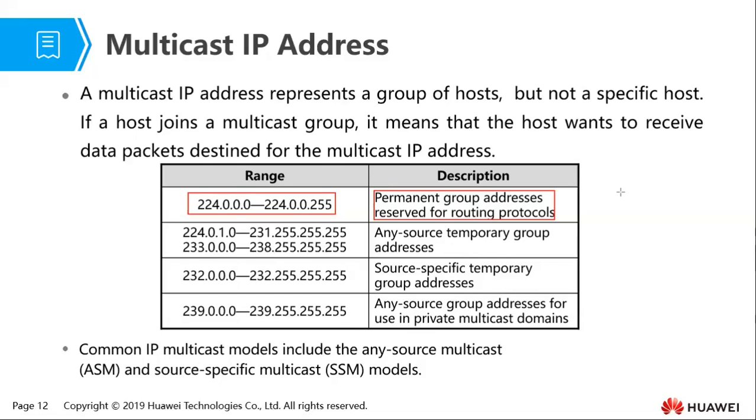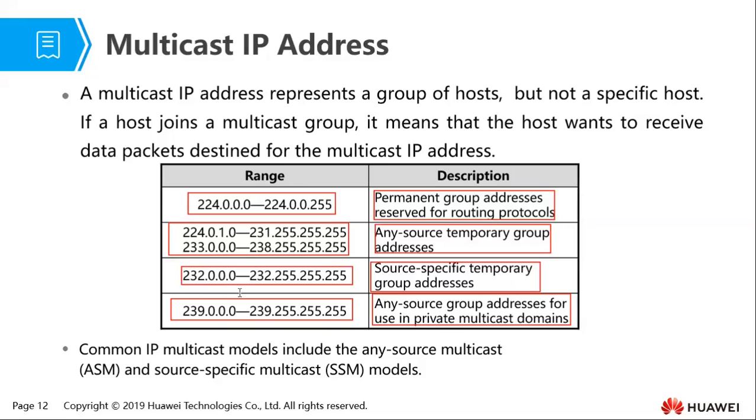So they are reserved for routing protocols. Then we have this range that is reserved for any source temporary group address. Then you have this one reserved for source specific temporary group address. Then you have this one that is any source group address, but can only be used within private networks, private multicast domains.